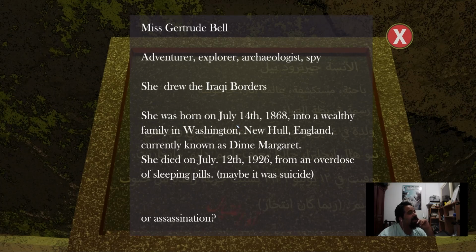She was born on July 14th, 1868, into a wealthy family in Washington New Hall, England, currently known as Dame Margaret. She died on July 12, 1926, from an overdose of sleeping pills. Maybe it was suicide. Some people speculated like that, but in my fictional world, maybe assassination.